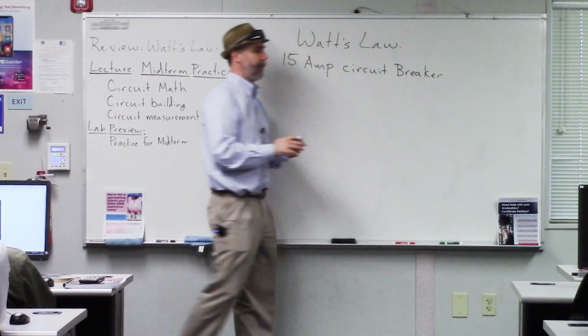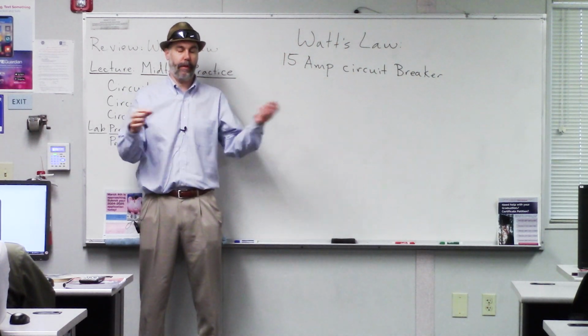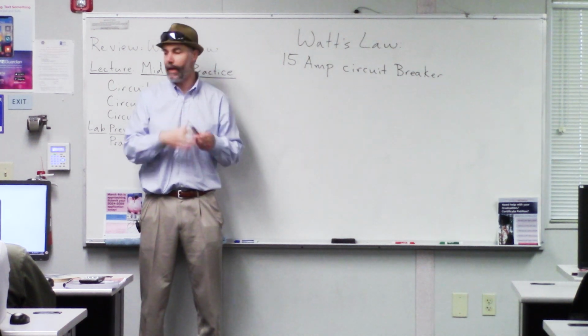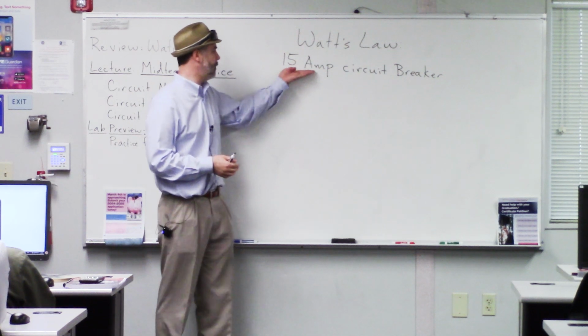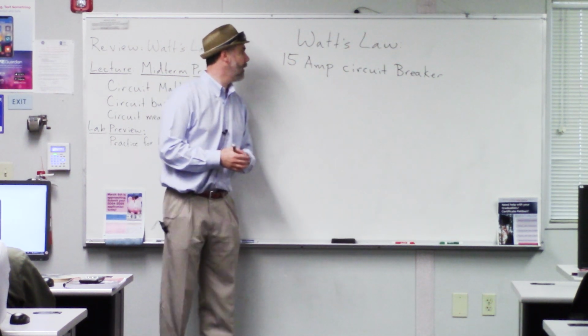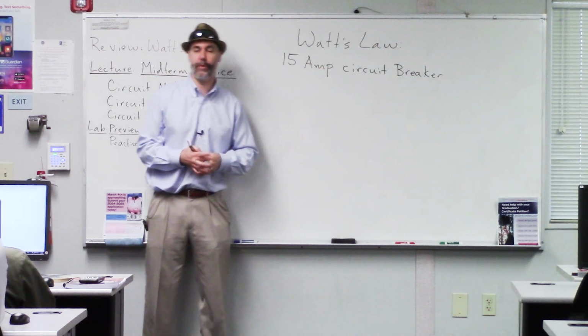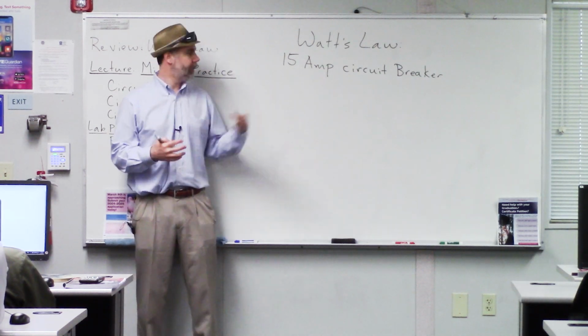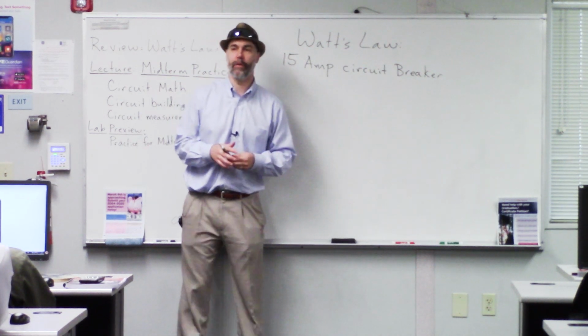In other words, it has a circuit, some power lines that run through the house that can handle up to 15 amps of current in them. If any current beyond 15 amps tries to flow through those wires, then this circuit breaker will trip and it will no longer allow current to flow.